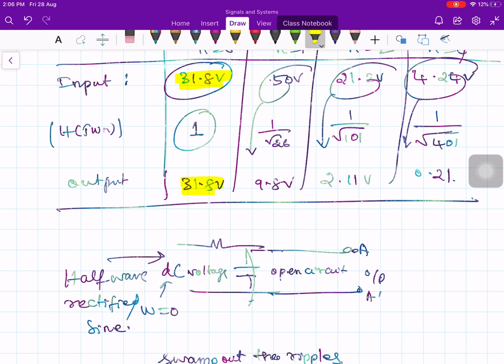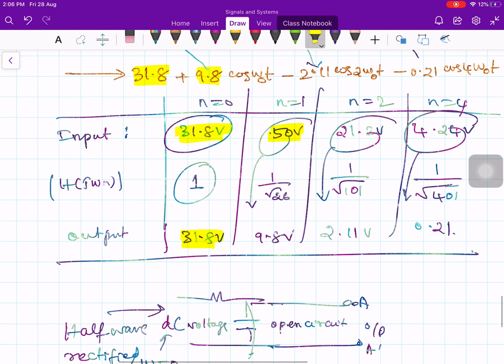So there is no reduction, it is coming as it is. But the harmonic components are quite substantial. Here you have 50 volts at the frequency of omega naught, but the output is 9.8 volts. For the second harmonic, the input is 21.2 volts and the output is 2.11. And for the third harmonic, the input is 4.24 volts, and the output is 0.21 volt.